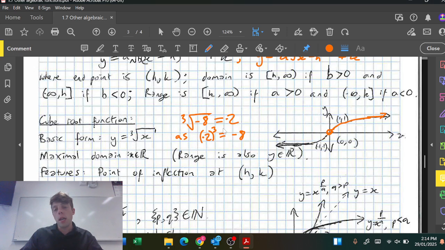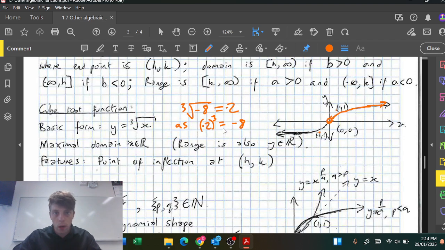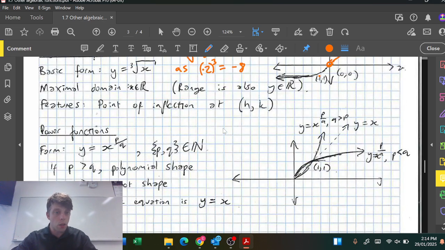So that's what we mean by a change in concavity. In the middle, the derivative is changing slightly. The derivative is not equal to 0 here. We'll discuss that when we get up to calculus. So for now, don't worry about the difference between point of inflection versus stationary point of inflection.